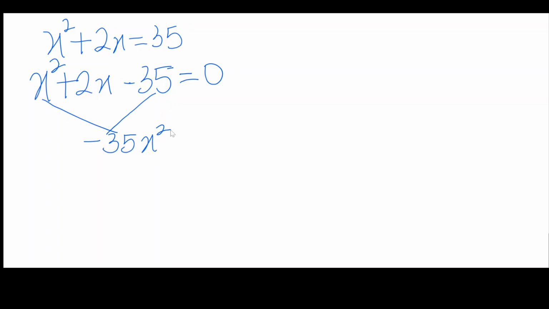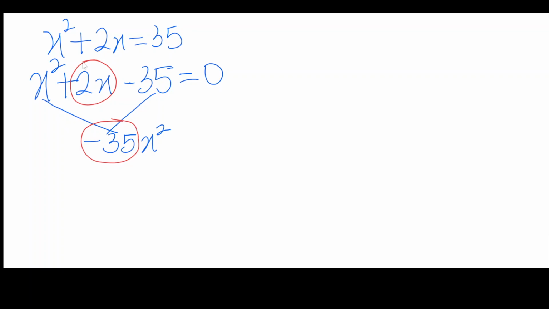Now from here, all we just need is the coefficient here. So what are the factors of negative 35 such that when we add these two factors, they sum up to give us 2, as in this case? That's what we're going to be looking at.